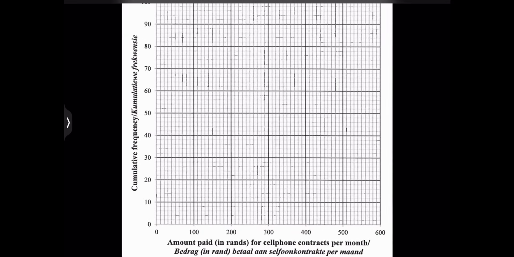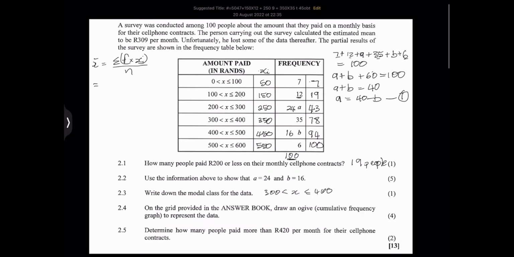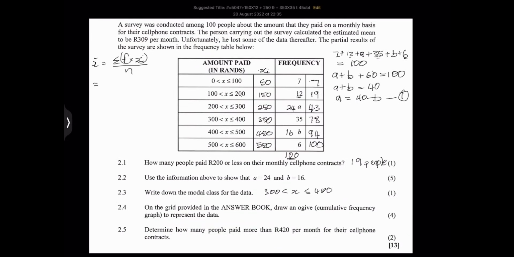So remember, we said we take our upper bound values, so we're going to start at 100, and in this case that's going to correspond to 7. So at 100, I've got 7, so that's 2, 4, 6, so 7 is there.